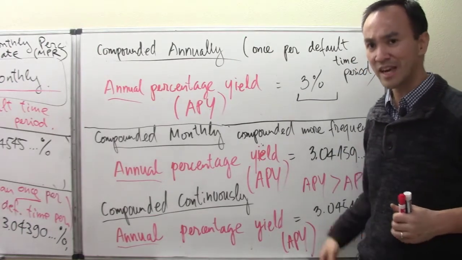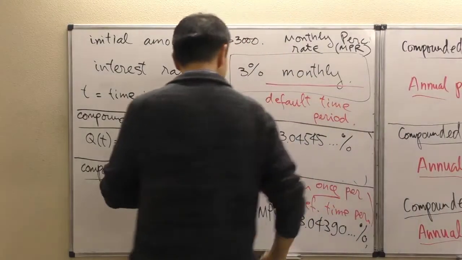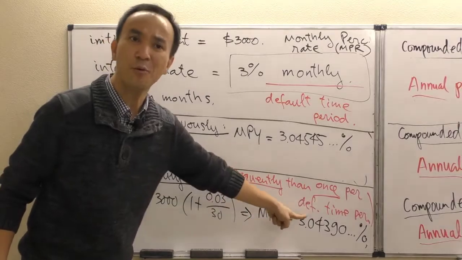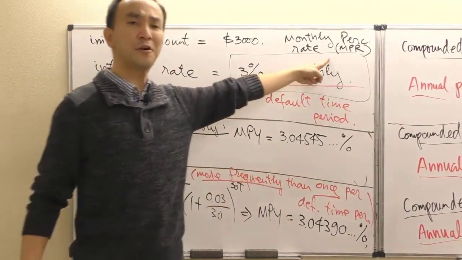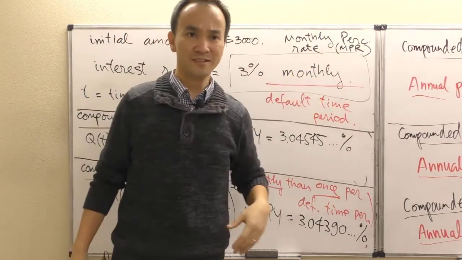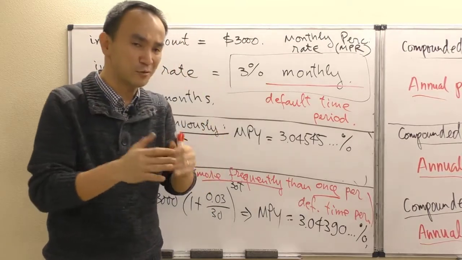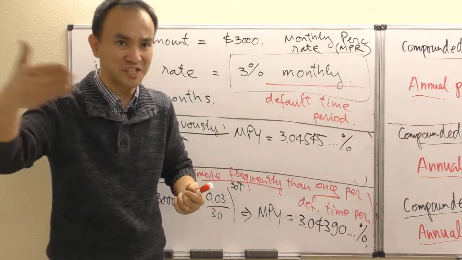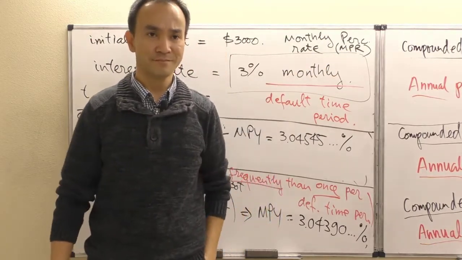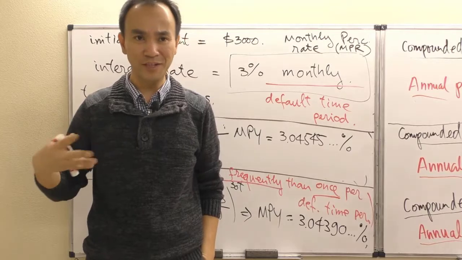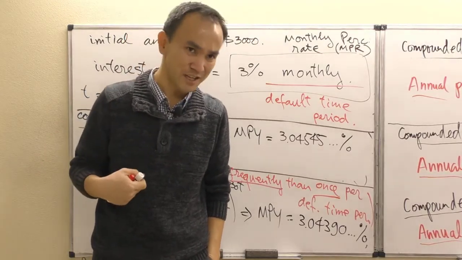And in some other scenario, we have to keep track of MPY for monthly percentage yield versus MPR, monthly percentage rate. Commonly speaking, there's percentage yield versus percentage rate. But keeping track of monthly or annually or daily could be a headache sometimes.